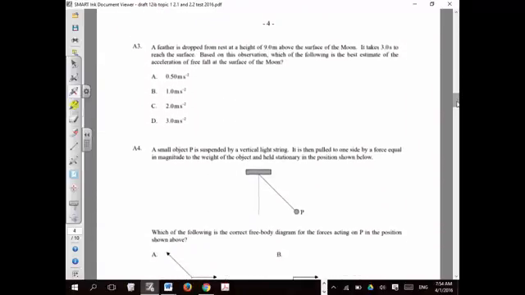A feather is dropped from rest at a height of 9 meters above the surface of the moon. It takes 3 seconds to reach the surface. Based on this observation, which of the following is the best estimate for the acceleration of free fall at the surface of the moon? Well, we know that S equals ut plus half at squared.